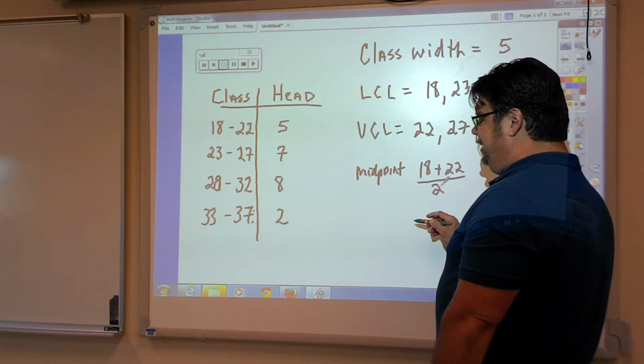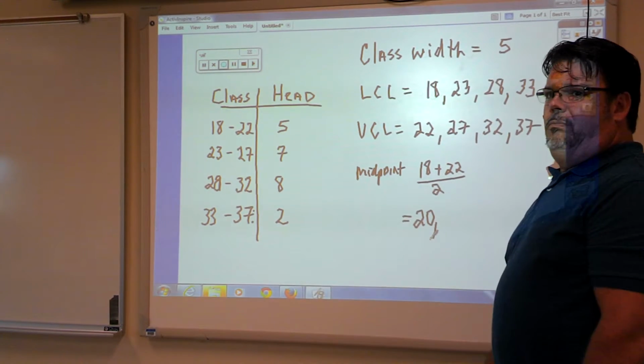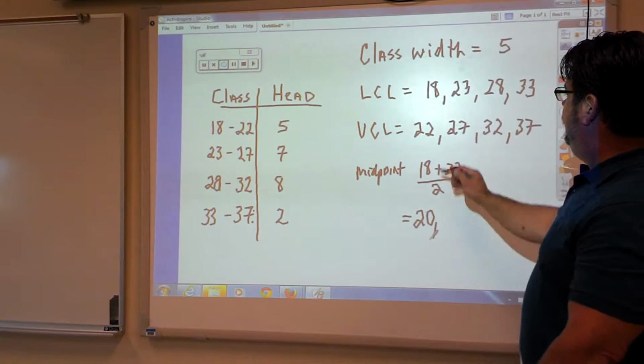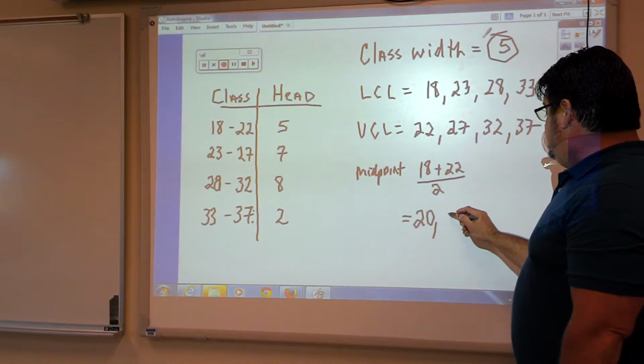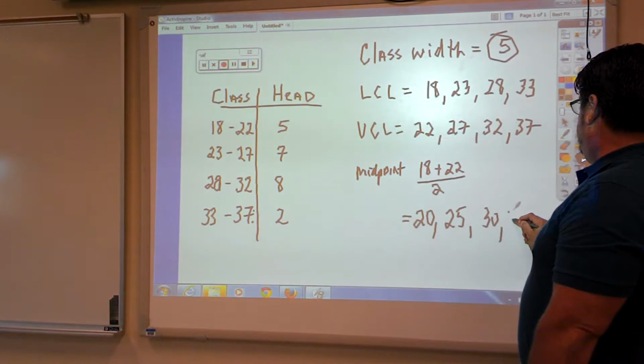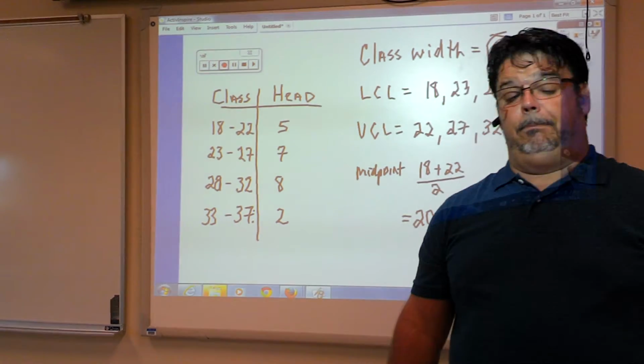And y'all need a calculator for that? And now what do you add? Add the class width, which is 5, 25, 30, 35, and you're done.